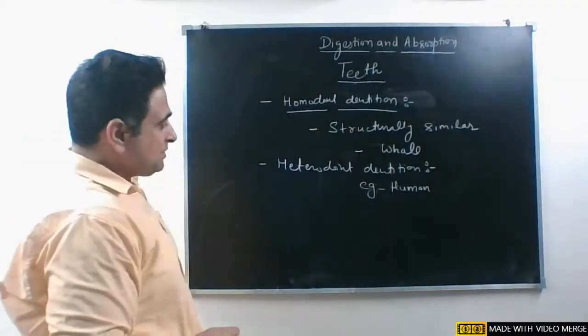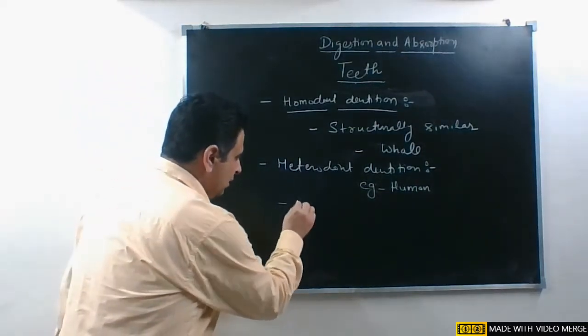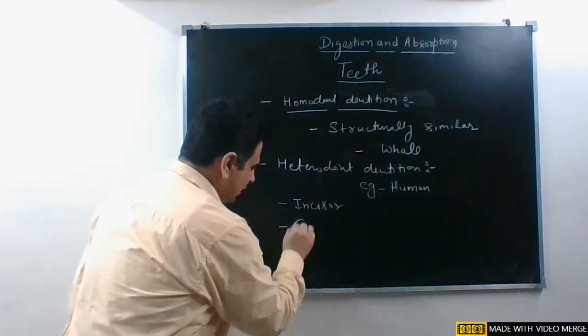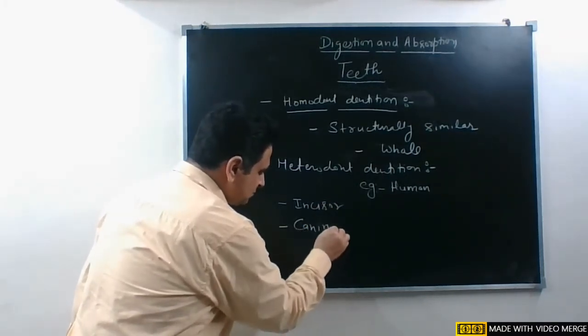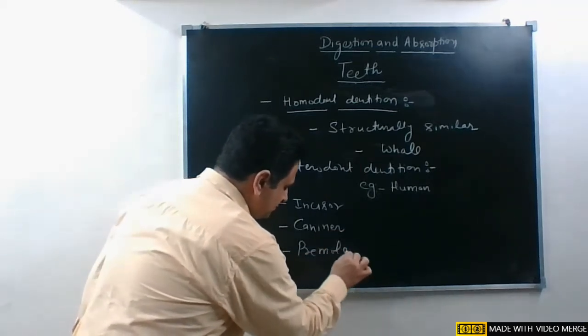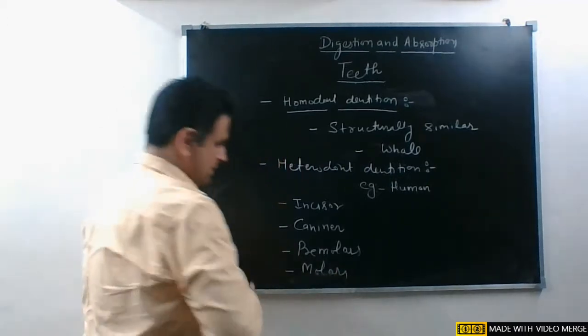In humans, students, there are 4 types of teeth. One is incisors, then canines, then premolars, and lastly molars.